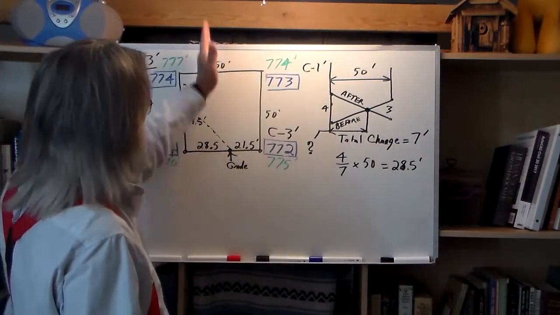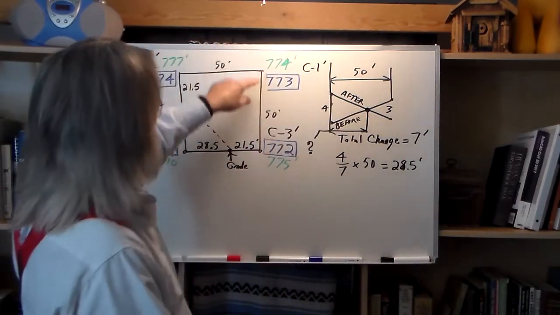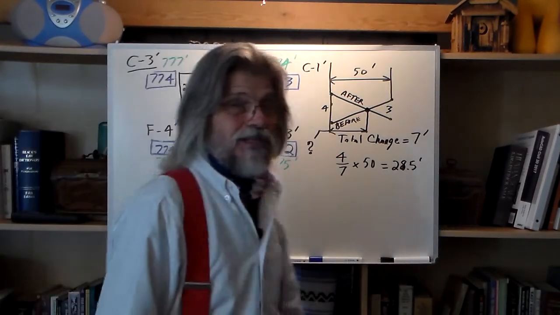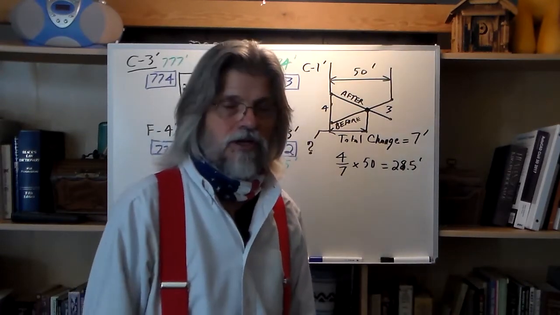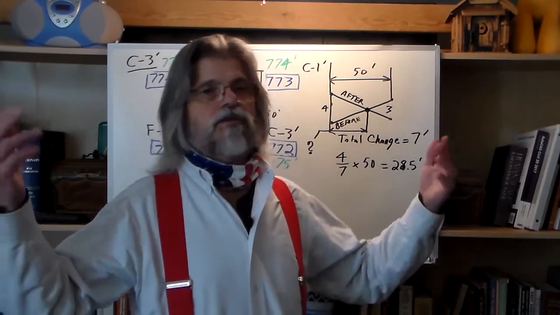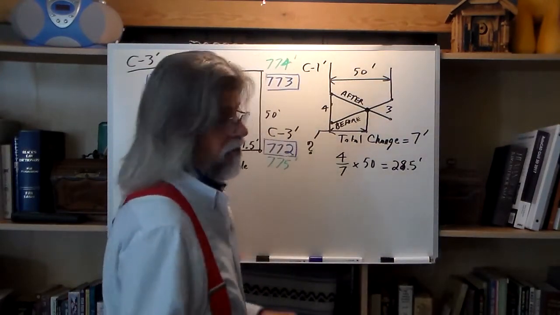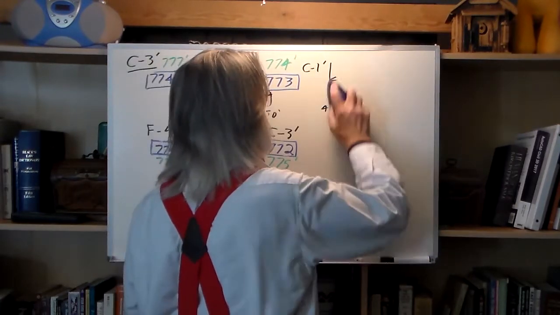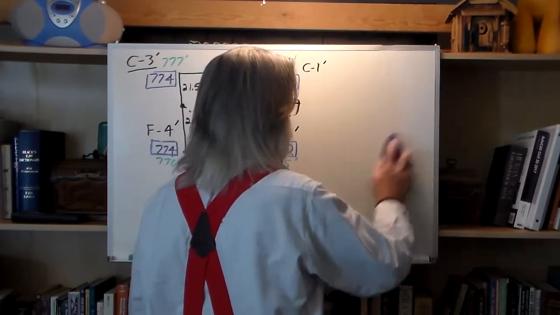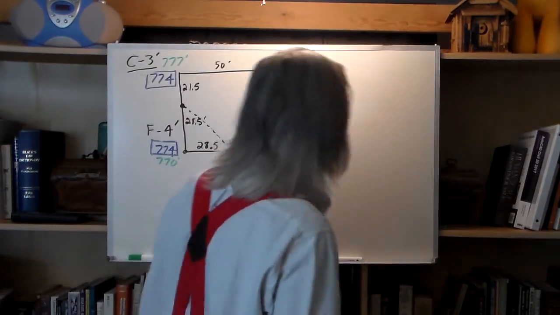We could start doing rectangles and triangles and solving for this big area, but it's a whole lot easier to just solve the triangle and subtract it from the total area. Don't make it hard on yourself. Be good to yourself sometimes. And this is one of those situations where you can be good to yourself. I'm going to reclaim the real estate here, and we're going to do some math.